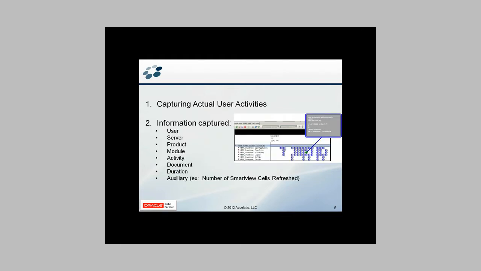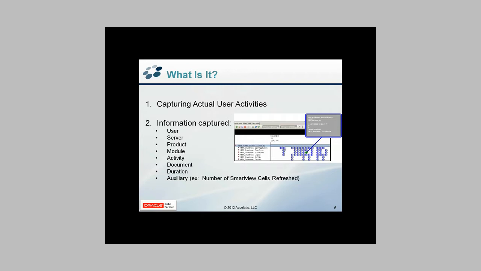So what is user activity tracking? It's about capturing what users are doing on the system. The information that's important to you, and I imagine you already know this, which is why you joined the webinar, is knowing who is doing what. So we want to capture who the user is, what type of operations they're doing, and on what server, including what the product is, what the module is, what the actual activity is, and even the document they're working on.